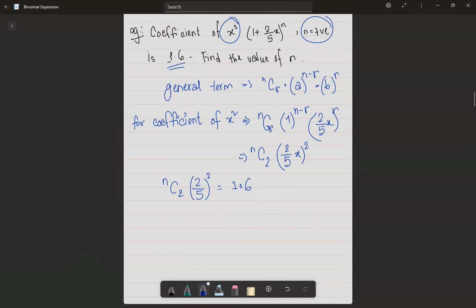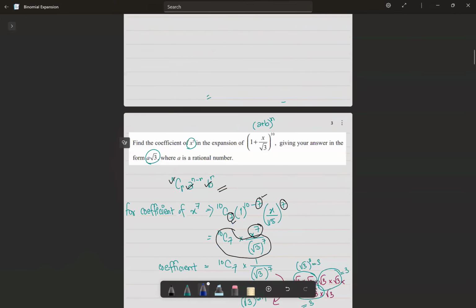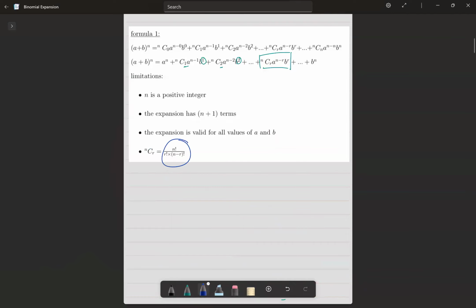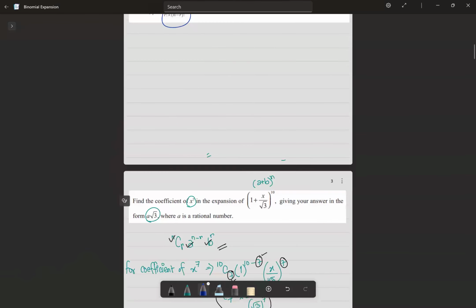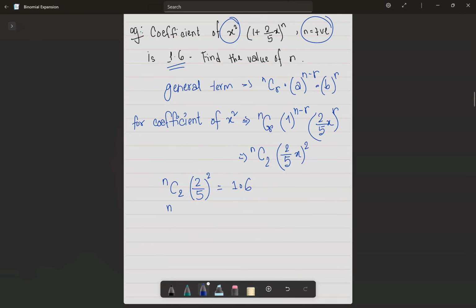Now nC2, we have seen that nCr can be written as n factorial divided by r factorial into n minus r factorial. So we are going to apply the same thing in here. We are going to write this as n factorial divided by 2 factorial into n minus 2 factorial. And then for 2 square we have 4, for 5 square we have 25, is equal to 1.6.